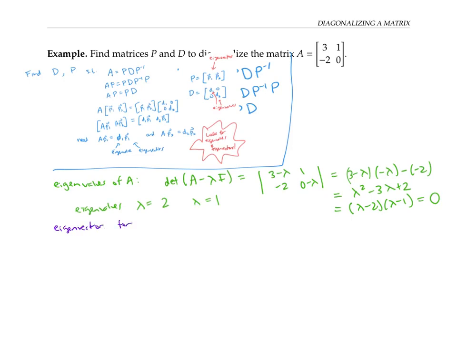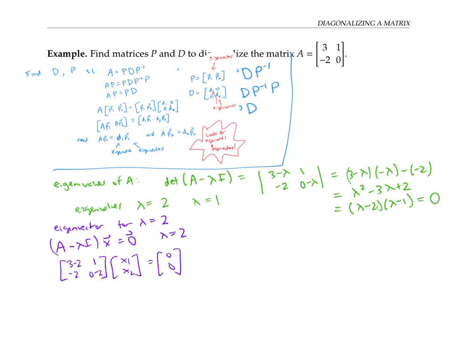Now to find an eigenvector corresponding to the eigenvalue lambda equals 2, we need to solve the equation A minus lambda I times x equals 0 for lambda equals 2. That is, I need to solve the matrix and vector equation. When lambda is 2, that gives me 3 minus 2, 1, negative 2, 0 minus 2 times x1, x2 equals 0, 0.